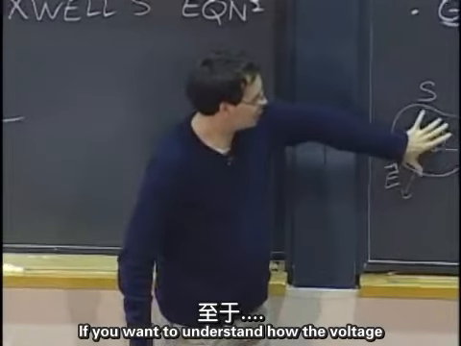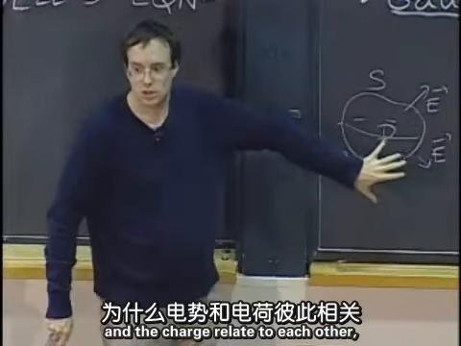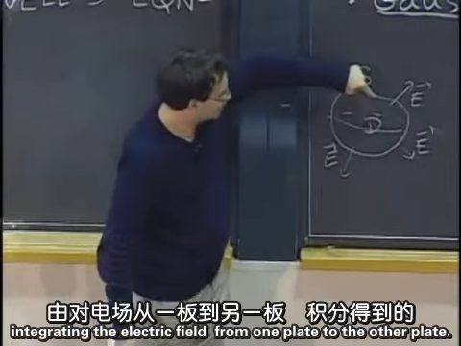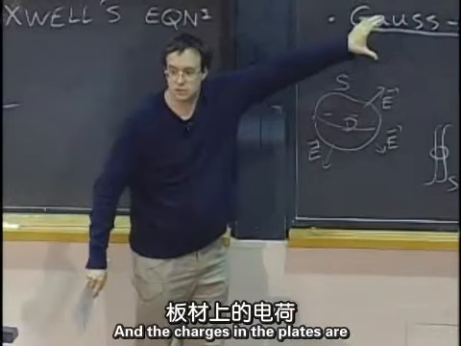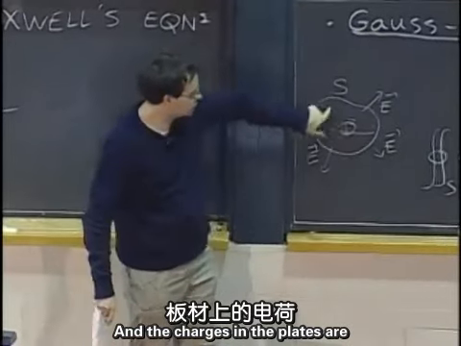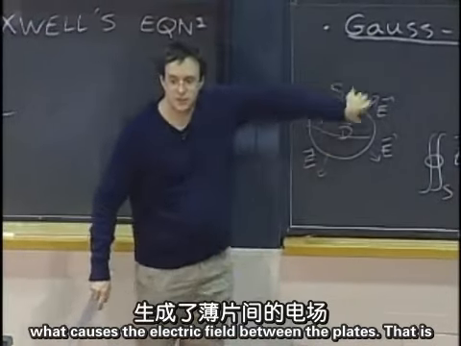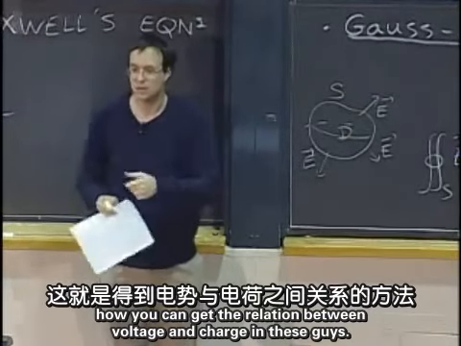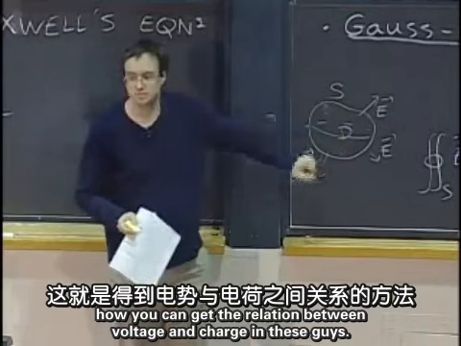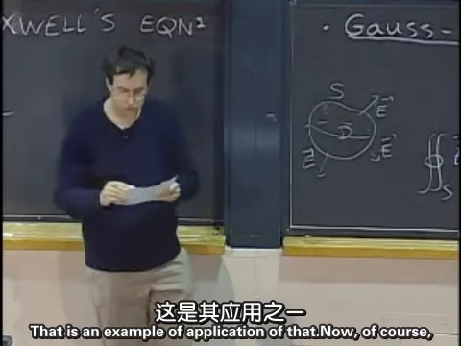So if you want to understand how the voltage and the charge relate to each other, well, the voltage is obtained by integrating the electric field from one plate to the other plate. And the charges in the plates are what causes the electric field between the plates. So that's how you can get the relation between voltage and charge in these guys. That's an example of application of that.